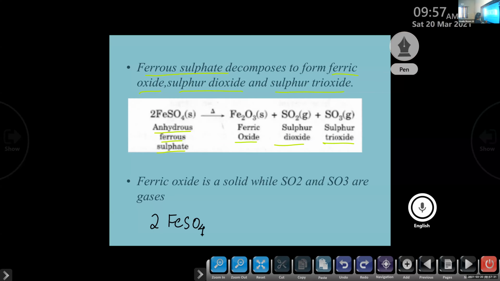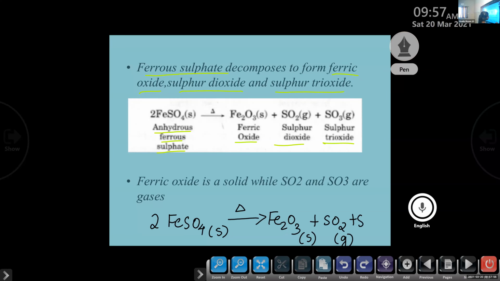2FeSO4, that is solid, gives, and in this arrow you have to put the delta mark, that means a heating process takes place. And Fe2O3, that is ferric oxide, plus, that's also in solid state. Sulfur dioxide, that's in gaseous state.